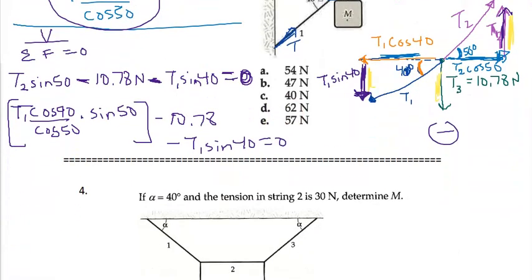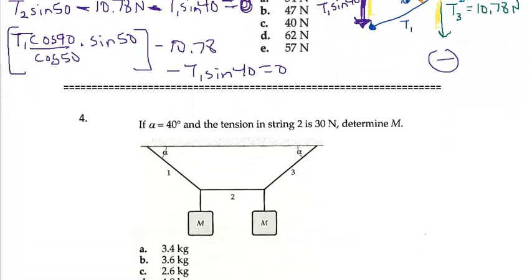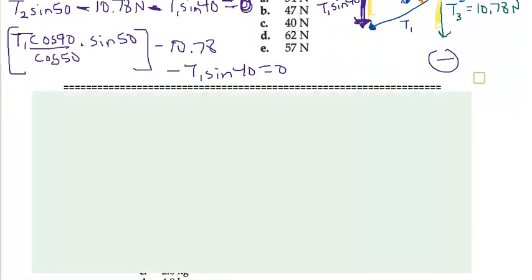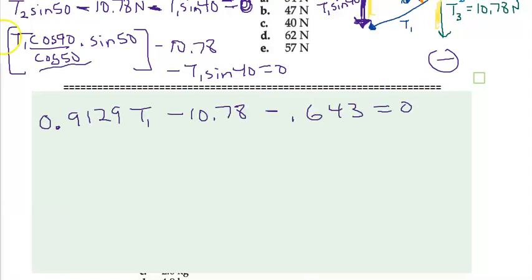Okay. All right. So then all of this, yeah, I'll calculate it. Sorry. Okay, all of this turns into 0.9129 T1 minus the 10.78 minus 0.643 times T1 equals 0.